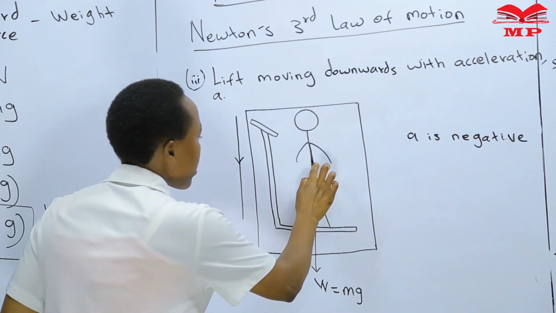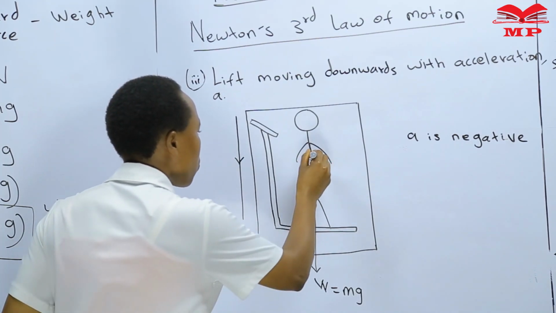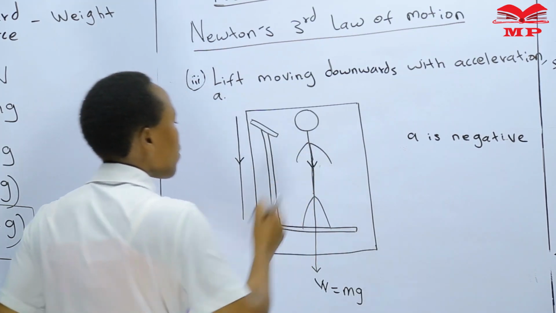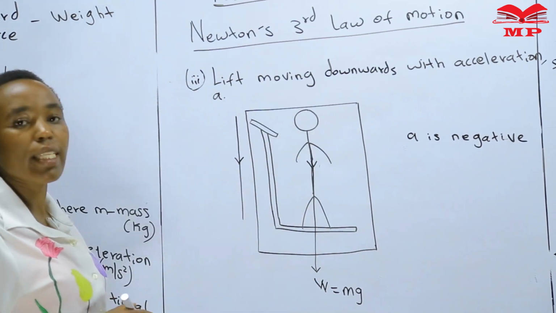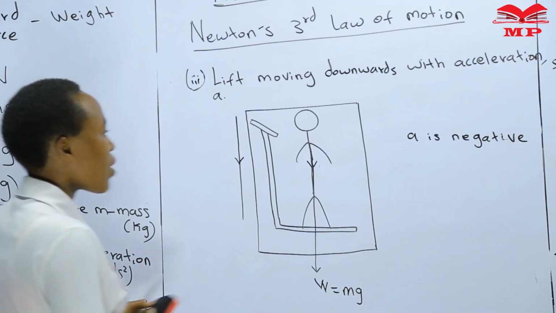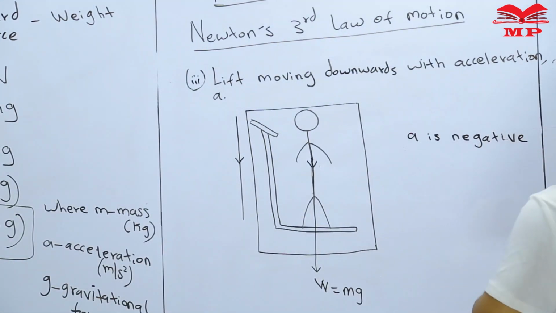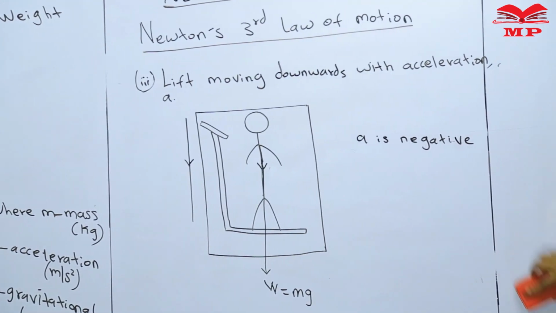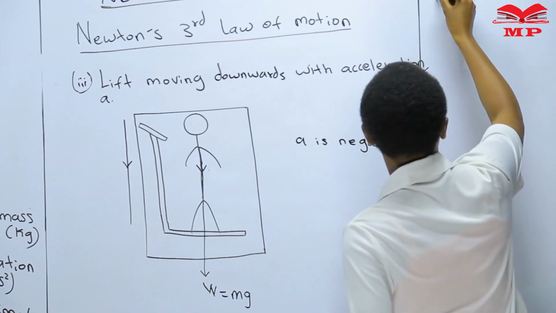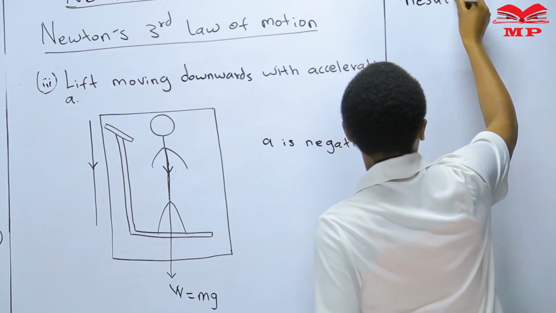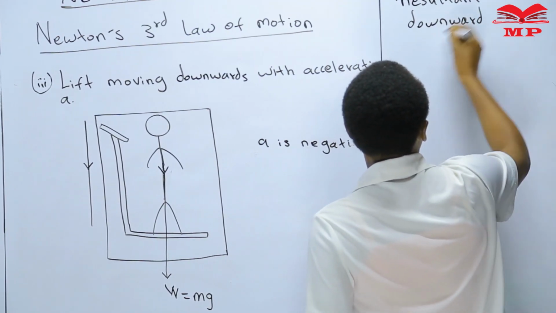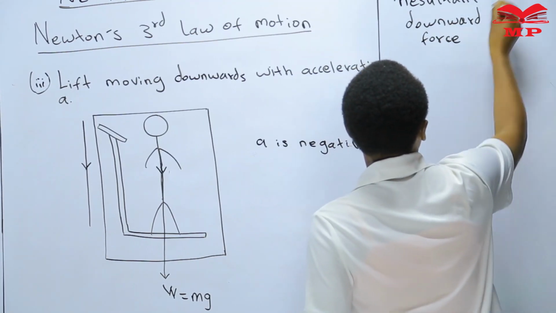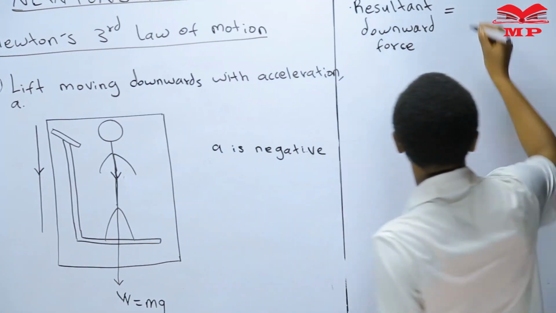So in this case, the direction is downwards. So we have the lift moving downwards. Remember again, we have the weight, and they are both acting in the same direction. And therefore for this, we want to get the resultant downward force. So the resultant downward force will be given by the weight of the body.